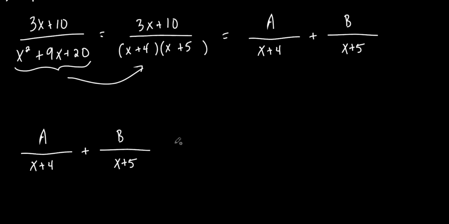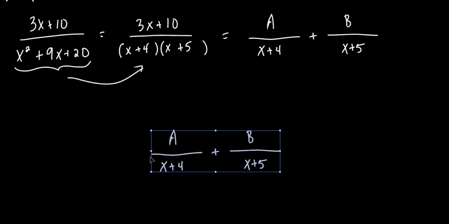All right. So what we're going to do is, I'm going to move this over a little bit, and I'm going to set it equal to what it was equal to with the split up fractions.